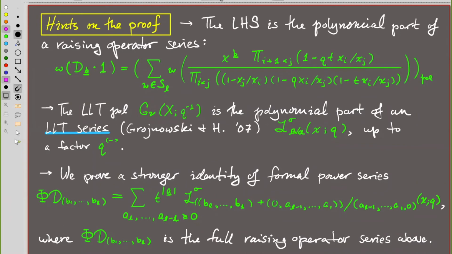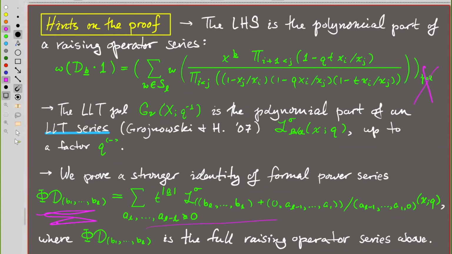So GL_n characters are symmetric Laurent polynomials, but by taking the polynomial part, we're going to just pick out the ones that are actual polynomials. And it turns out that you can just remove this restriction to the polynomial part and take the whole thing, so phi of dB here stands for that whole infinite formal power series without taking the polynomial part.